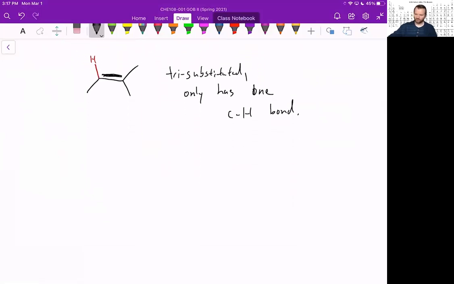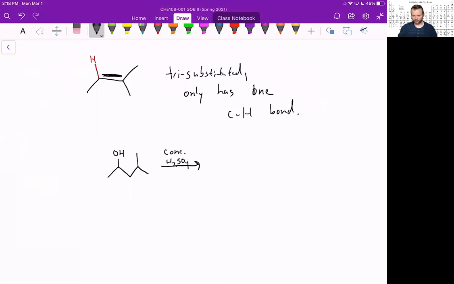So just some more practice. We've got that alcohol treated with concentrated sulfuric acid.